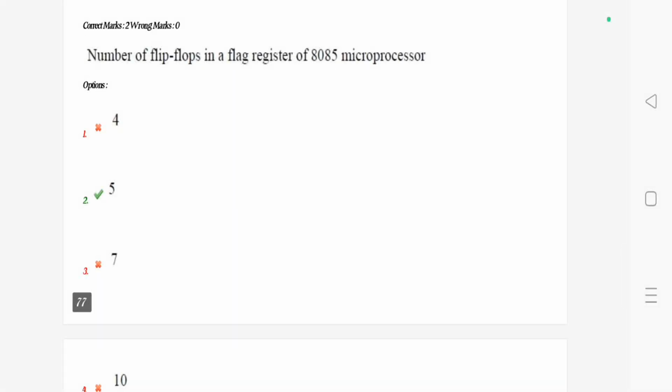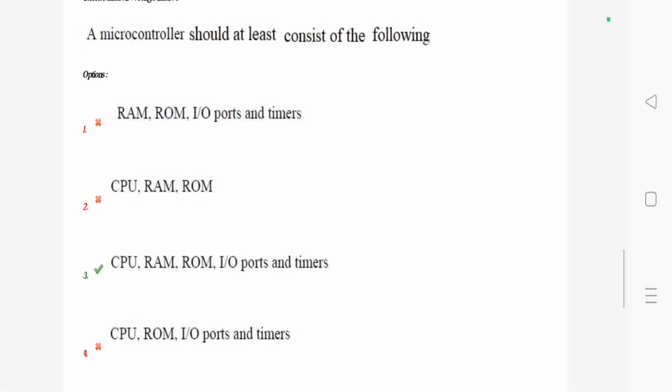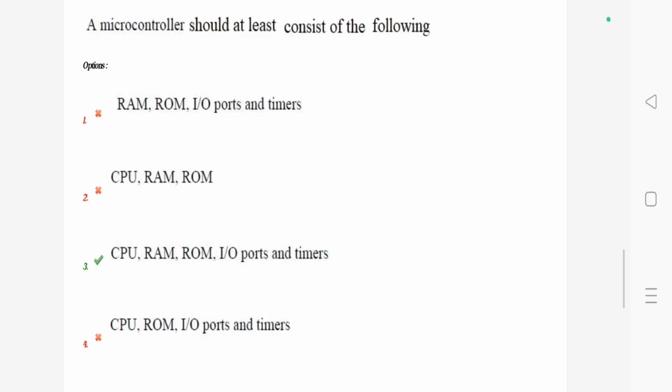Number of flip-flops in a flag register of 8085 microprocessor. This also I explained, 5. 5 flip-flops will be there. A microcontroller should at least consist of CPU, RAM, ROM, input-output ports and timers.